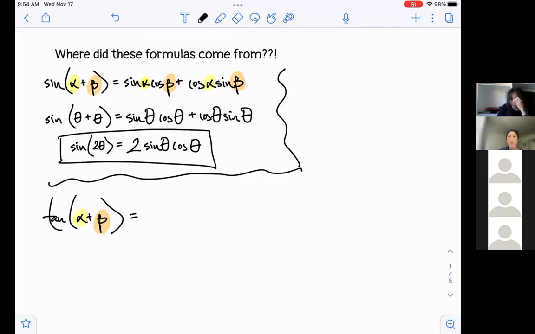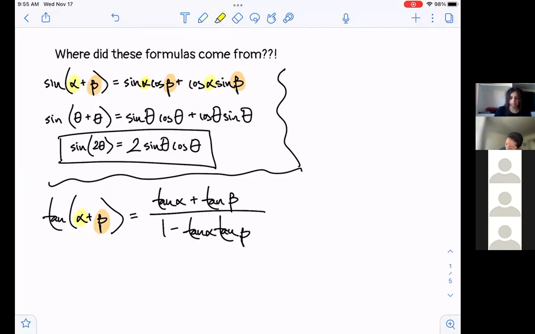And let's go with the version that has the tangents in it. It's tangent alpha plus tangent beta over 1 minus tangent alpha times tangent beta.